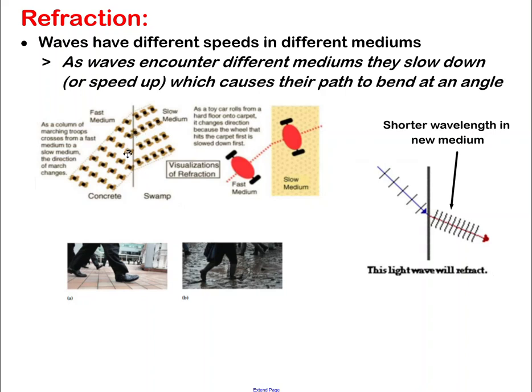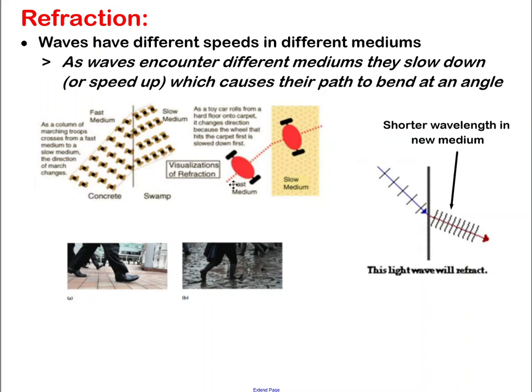It will be harder to walk. And as a result of that, this whole line will start to bend. The people behind you are continuing to go the same speed, so they are also going to catch up with you, causing this bunching up effect. So if you'll notice, there is some distance between these two dots, or two people in the marching band. Over here, when they are going slower, that distance has gotten smaller, and that is because these people behind are starting to catch up to these people that are moving slower.